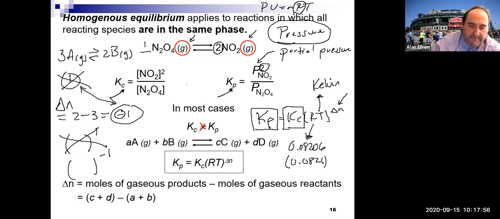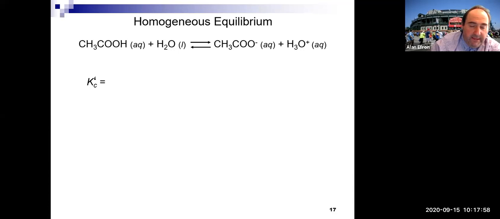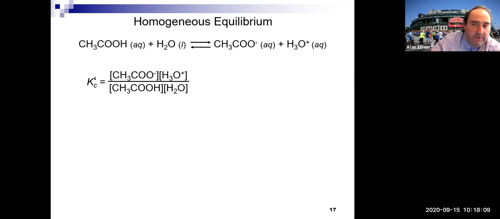So when we look at a homogeneous equilibrium such as this, acetic acid plus some water, make some acetate and some hydronium ion. If we write our equilibrium expression like we normally would do, we would take our products over our reactants. And in a reaction, and when you write an equilibrium expression, something like water, for example, its concentration remains constant.